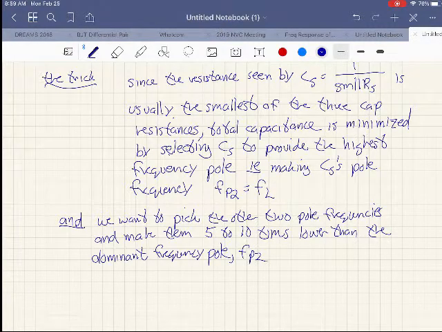You've got to be careful with this though. You don't want the values for FP1 and FP3 to be too low, because they could require larger values of capacitor 1, CC1, and capacitor 2, CC2, than may be necessary.